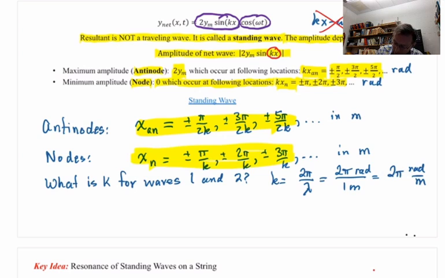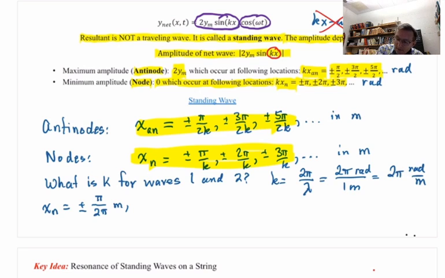Let's do the nodes first. What are the x nodes then for that standing wave? Just go up to that formula for the x node. Let's plug in the k value. The k's downstairs, and the k is 2 pi. So the first node is plus or minus pi over k, which is plus or minus pi over 2 pi meter.